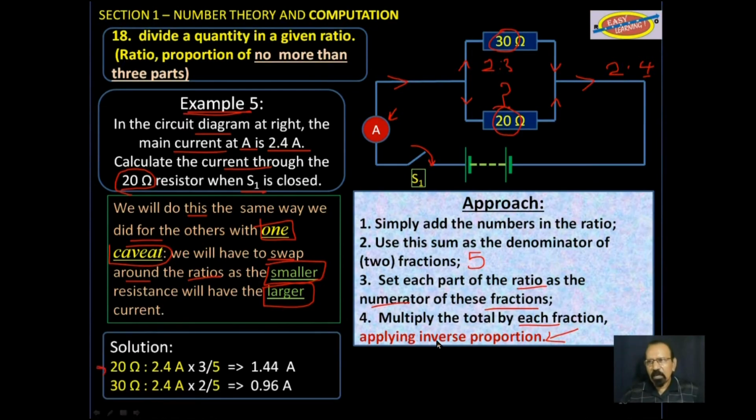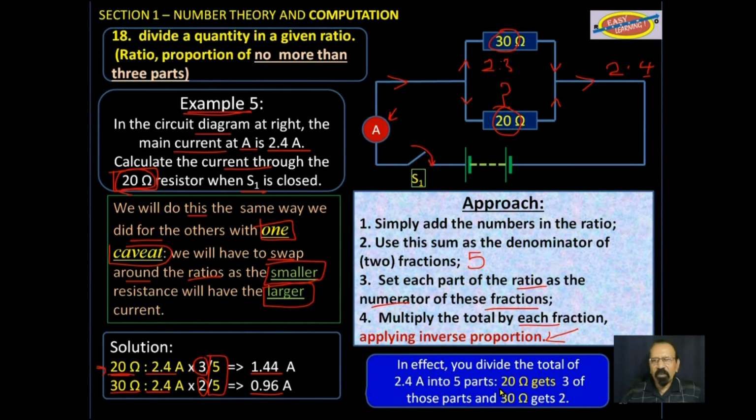So this is what it looks like. Remember, the denominator is 5. But for the smaller resistance, you will have a larger current. So you take 3/5 of the current, which is 1.44 amp. And you could stop there because the question asks for the current in the 20 ohm resistor. However, I did the other part. In the 30 ohm resistor, 2.4 multiplied by 2 over 5, and that resistor will have 0.96 amp flowing through it.